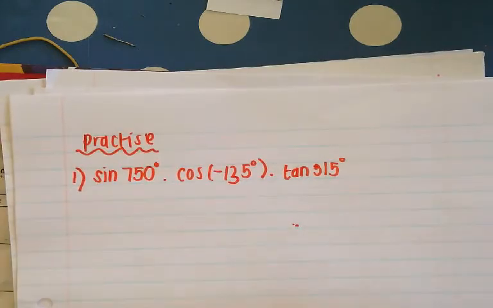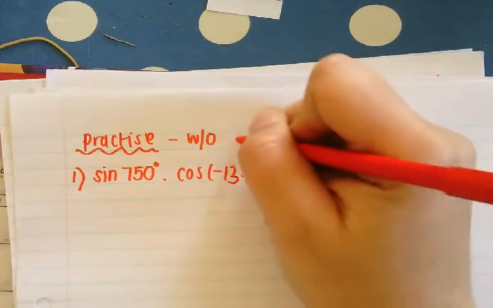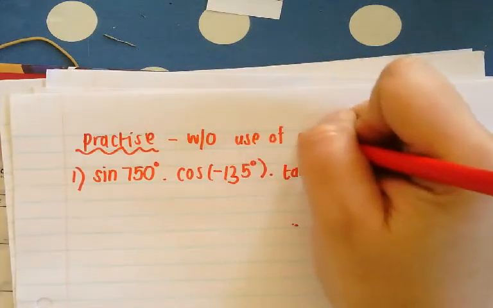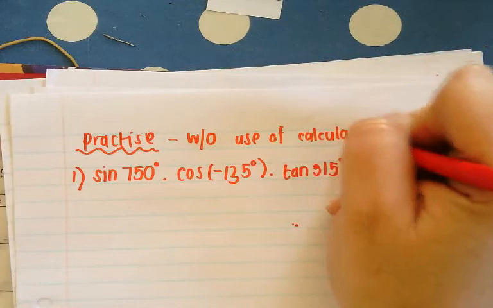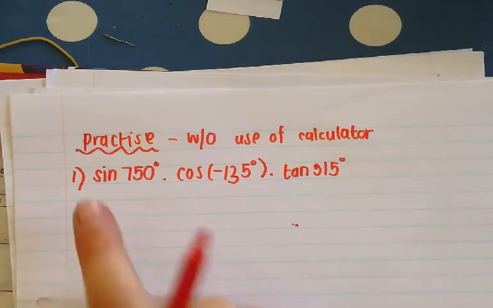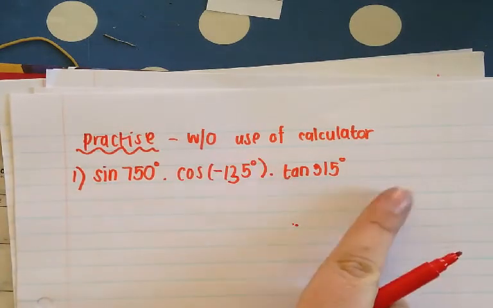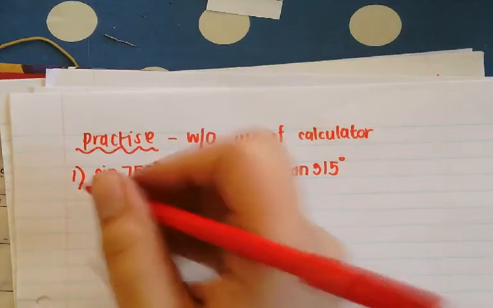So now I've given you sine 750 times cos negative 135 times tan 315. And I'm going to tell you without the use of a calculator. That is my indicator that I'm most likely going to get special angles, and I'm going to have to use the special angle fractions. So I'm going to do the reduction, do the reduction, do the reduction, all separately.